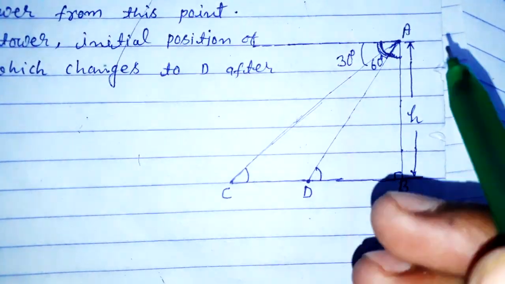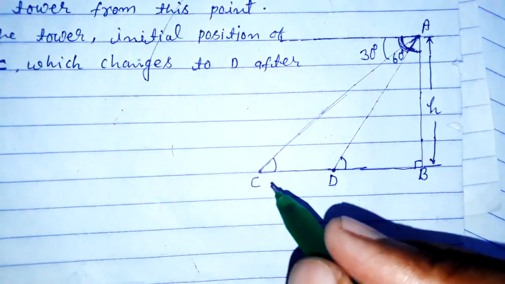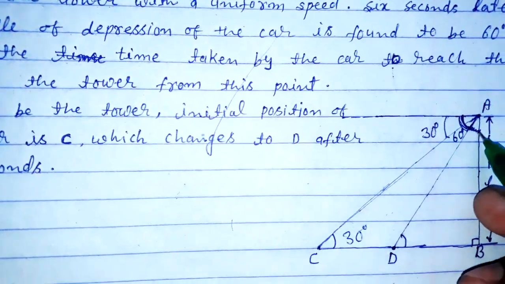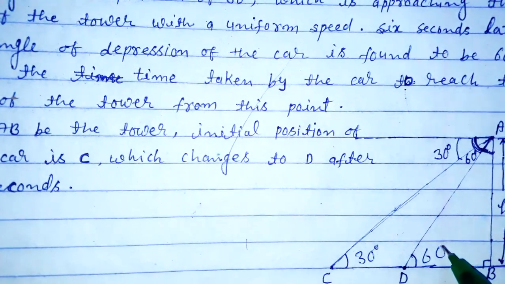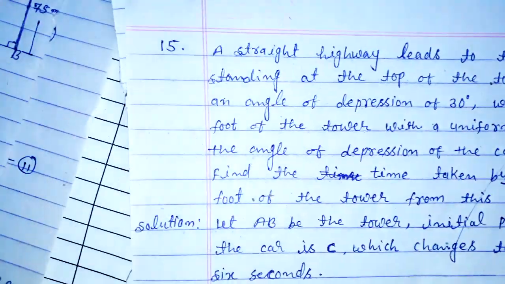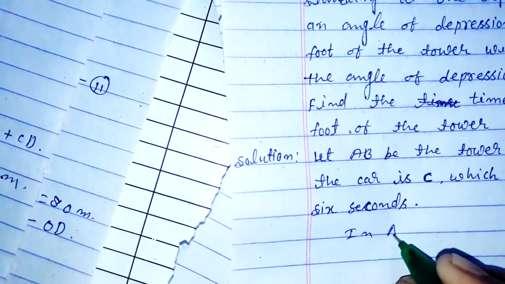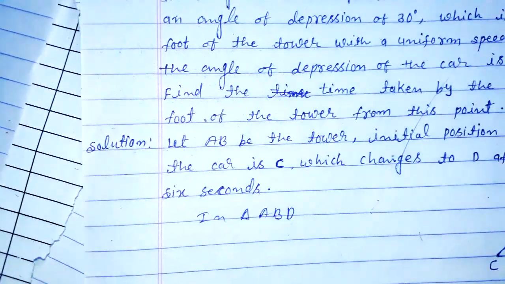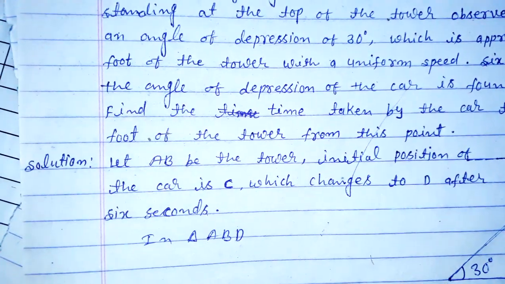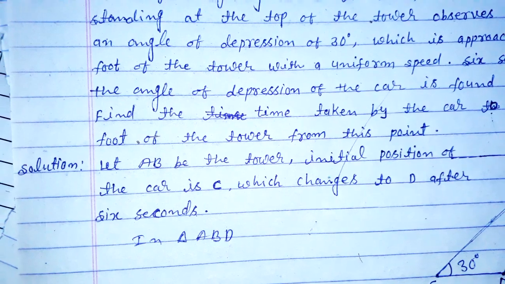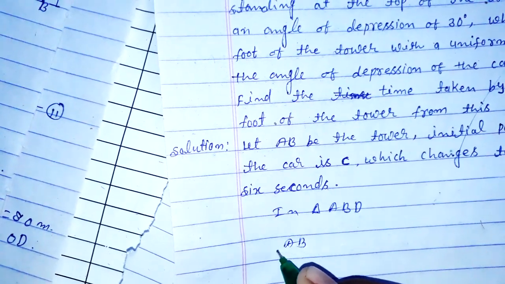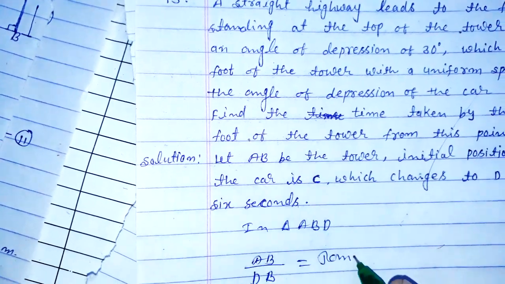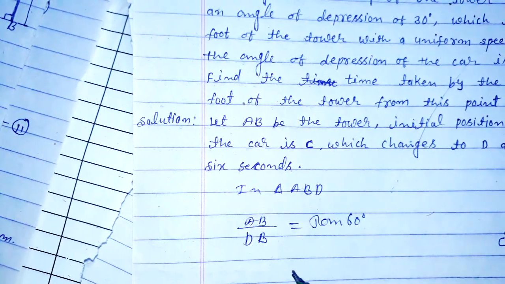So in this figure, this angle is 30 degrees and this complete angle is 60 degrees. In triangle ABD, AB upon DB is equal to tan 60 degrees.